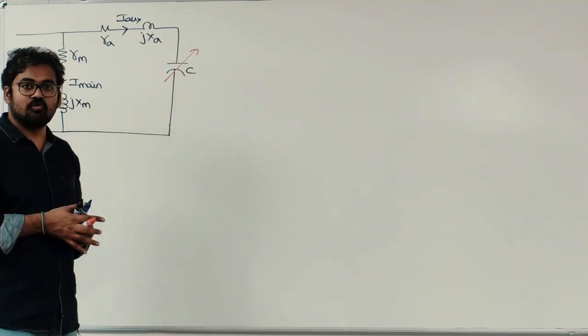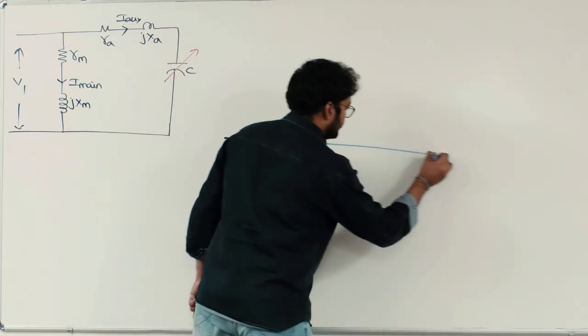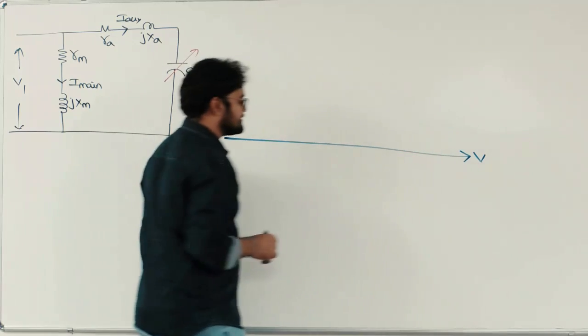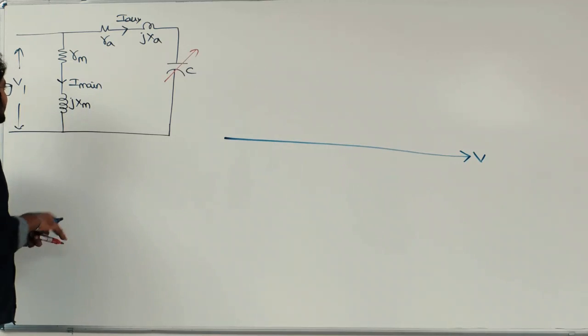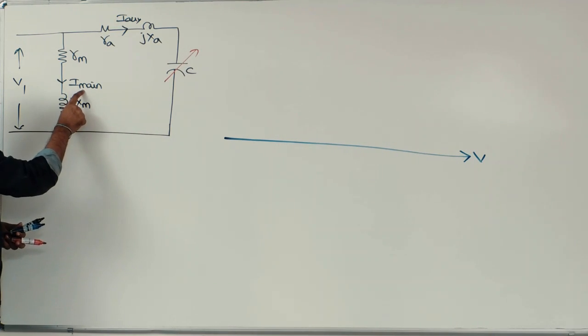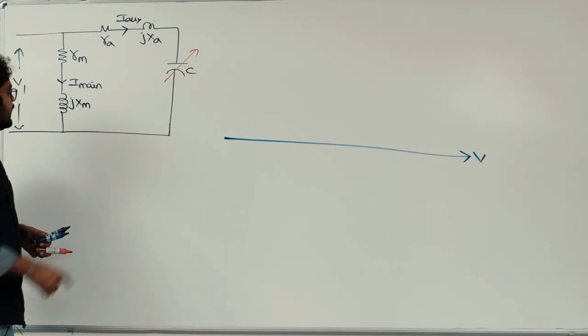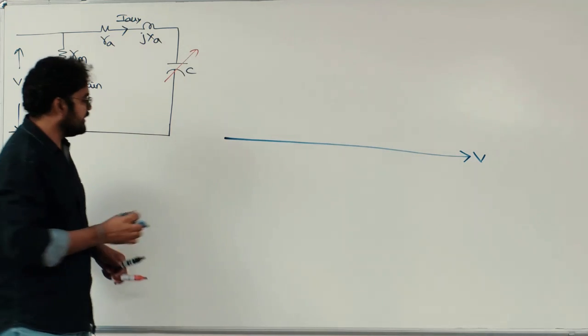First, let us take voltage as reference. Tell me which winding parameters are fixed values. Main winding parameters are fixed values. Therefore, main winding current is also fixed. And it is definitely an RL circuit, so current will be lagging the voltage, right?